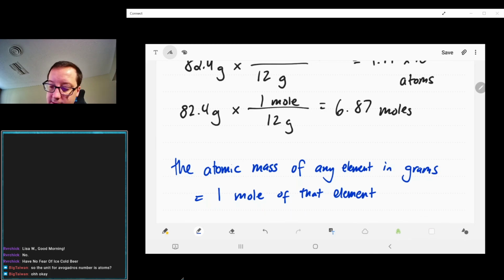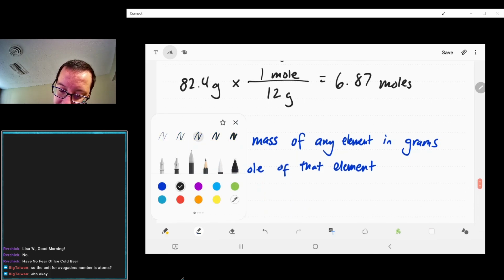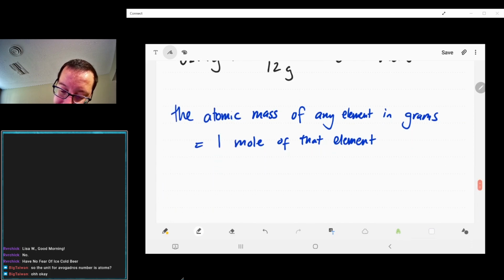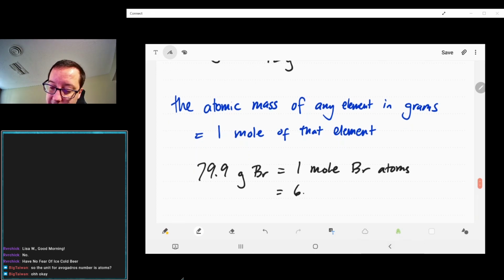Which tells us that 79.9 grams of bromine would be equal to 1 mole of bromine atoms. Or we could also say it's Avogadro's number of bromine atoms.